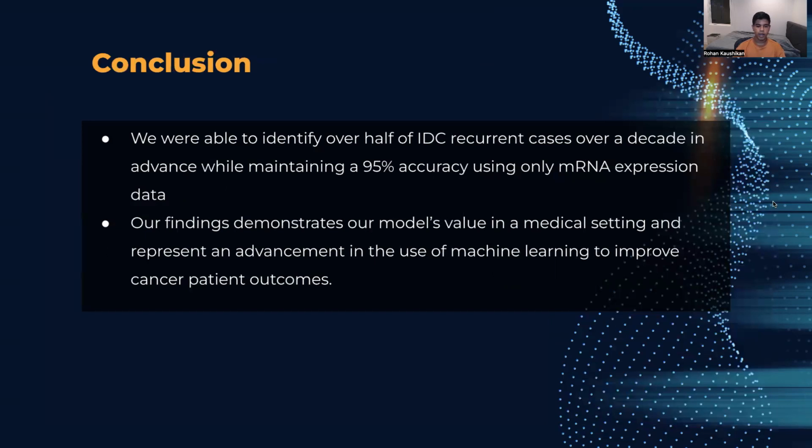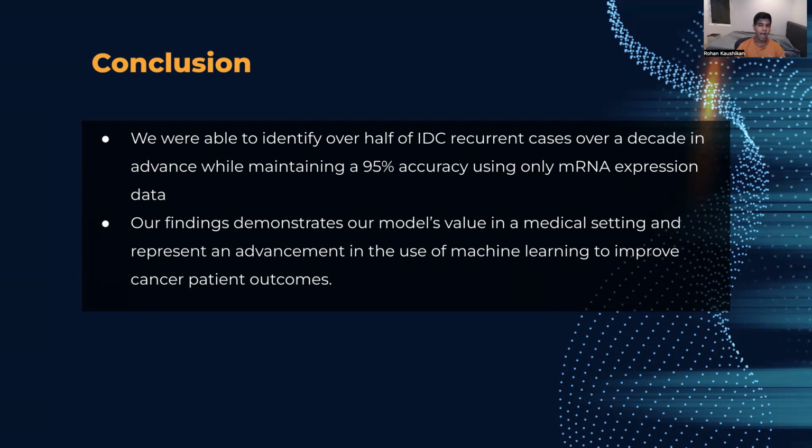Ultimately, we were able to identify more than half of IDC recurrent cases using data that was collected approximately 11 years in advance, and we were able to do so while maintaining a very high accuracy and a very high precision. A recall of 56% is actually a huge success, because if we think about the number of patients for whom IDC recurs, that number can be in the tens of thousands.